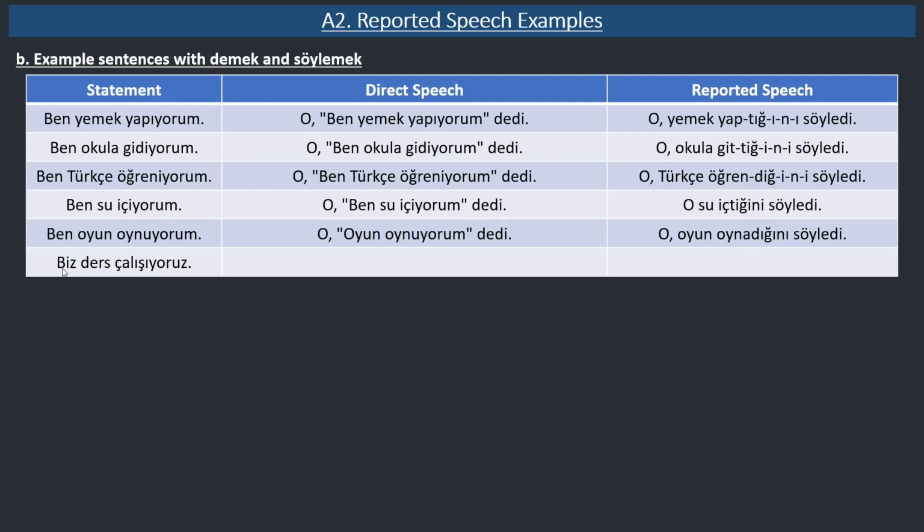If this subject is we, when you report this, you will say they, because even in English, you will say like they said that they are studying. Onlar biz ders çalışıyoruz dedi. Onlar ders çalıştıklarını söyledi.